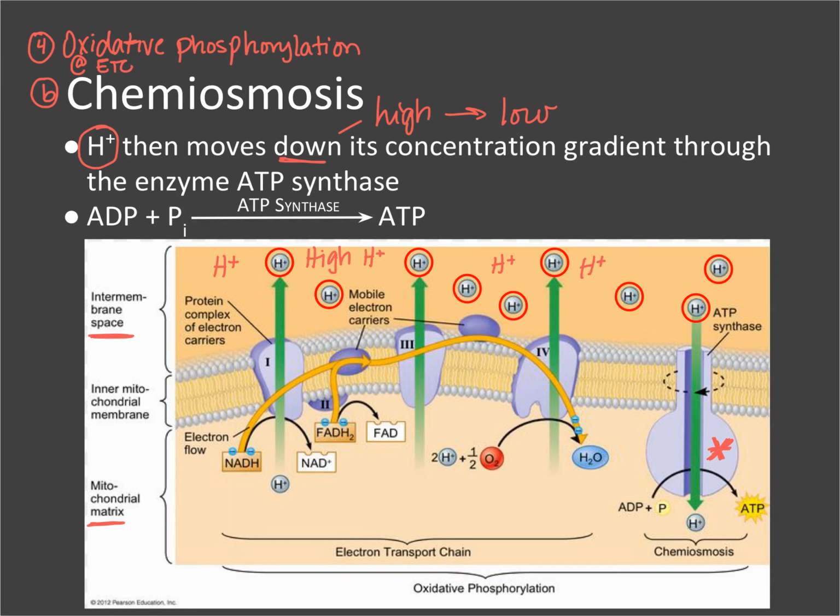If we look at the name of this enzyme, it tells us what it does. First of all, -ase tells us that it's an enzyme. Synth should make you think of synthesis, which means to make. And ATP, remember, is that energy molecule. So this protein is an enzyme that makes ATP.